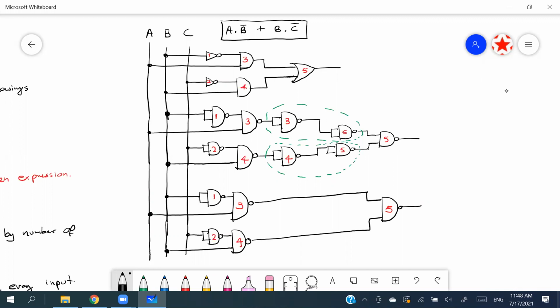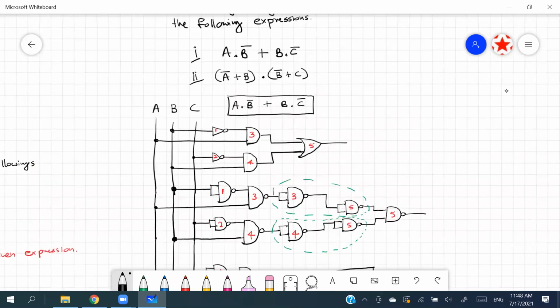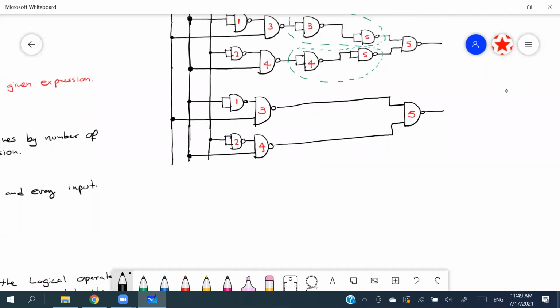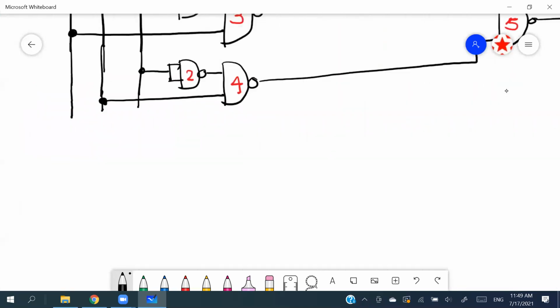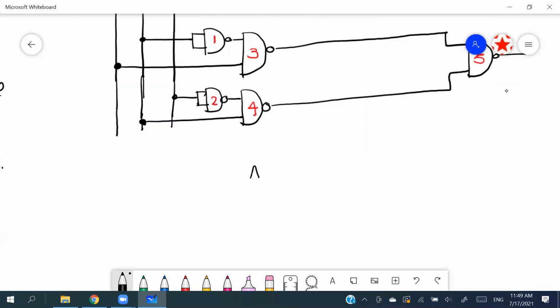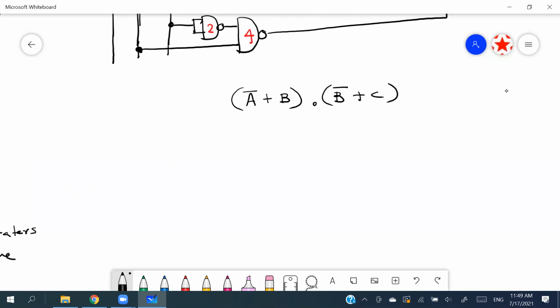Right. So I'll go for the second one, which is A bar plus B, B bar plus C. So this is the requirement.